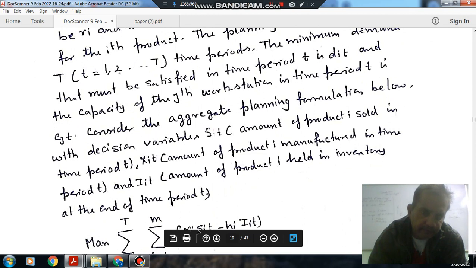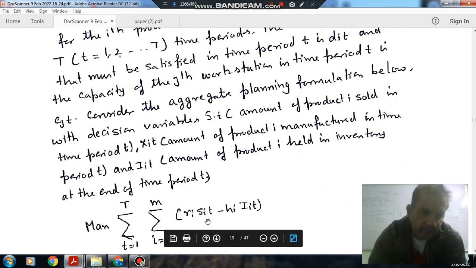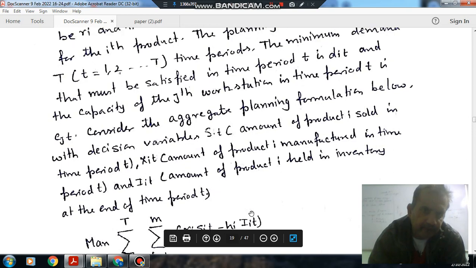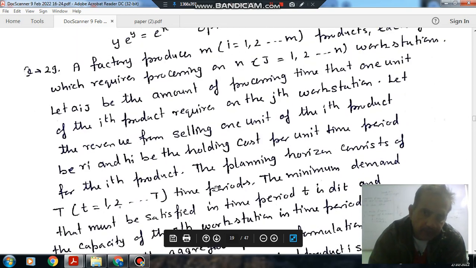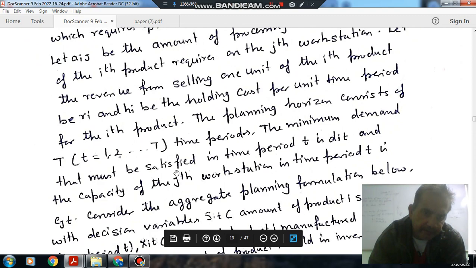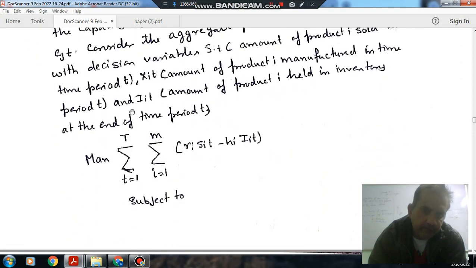So Ri times Sit is the selling revenue, minus Hi, the holding cost, times Iit, the inventory amount. This is what we have to maximize.